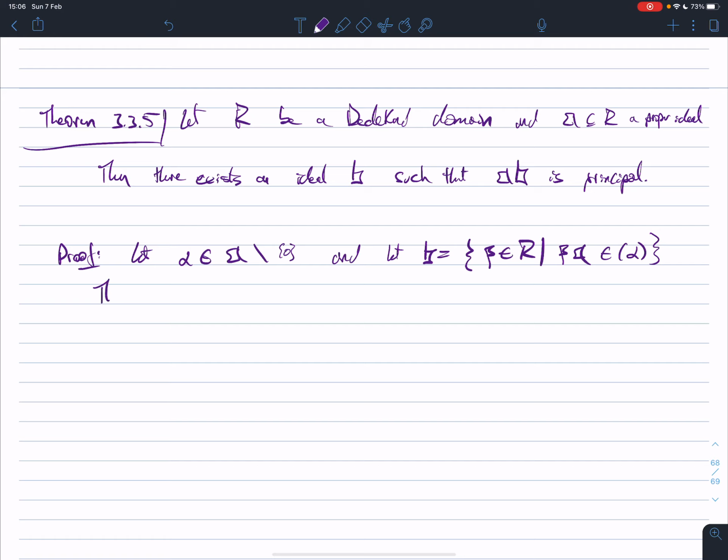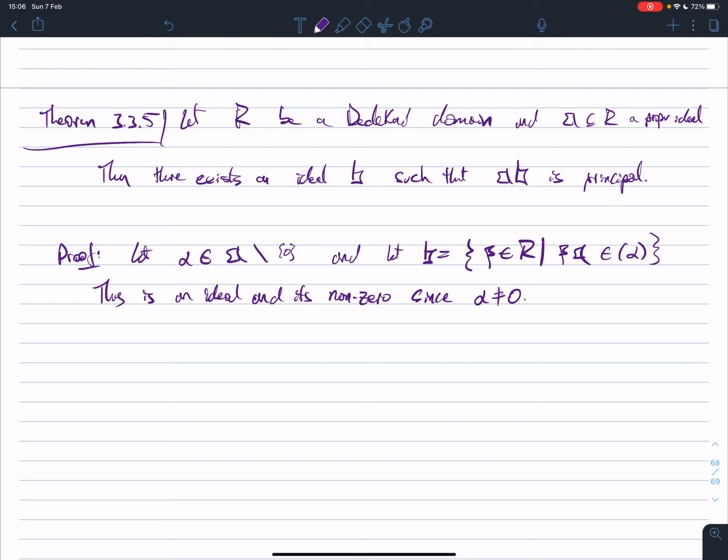So it's easy to check this is an ideal, and it's non-zero since alpha isn't 0. This alpha isn't 0, so just pick two elements inside of this ideal generated by alpha, and this will work.